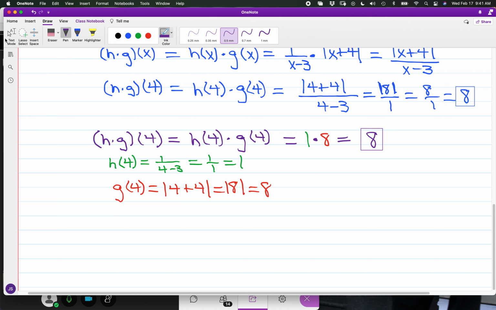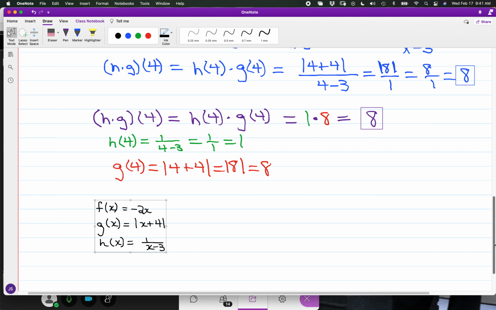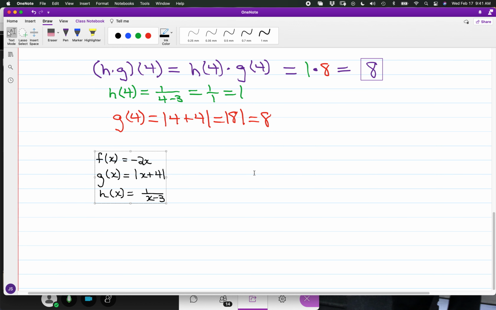And now in the case of number 14, we're looking at f plus h of 5.